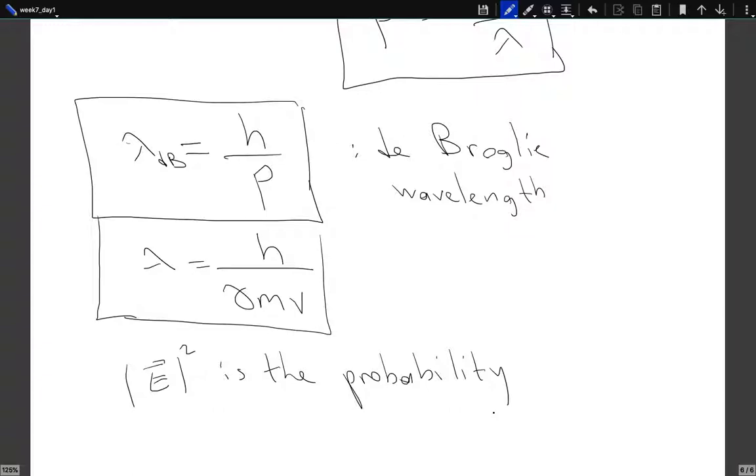In one picture, the intensity is the electric field squared. In the particle picture, E squared is not the intensity itself, but E squared is the probability that a photon goes to a given point. But now we will do the same thing for the electron case.